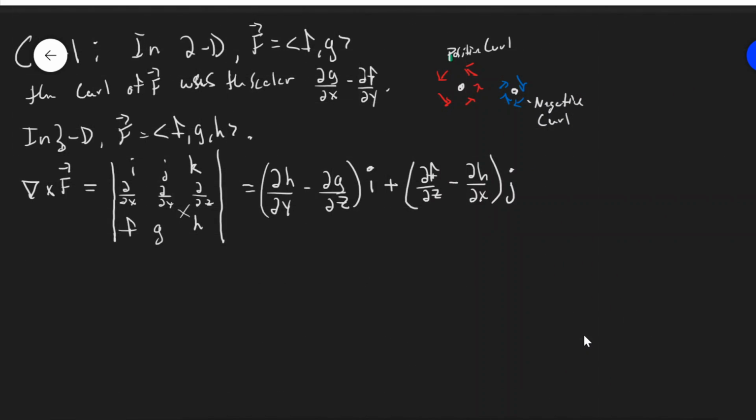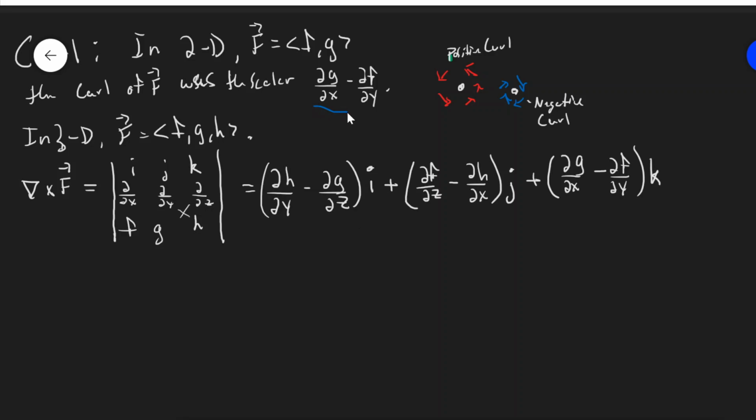And I don't want to get cropped out here, I'll scoot it over. And the K direction we'll have partial with respect to X of G, and partial with respect to Y of F. So partial G, partial X, minus partial F, partial Y in the K direction. Now check this out.